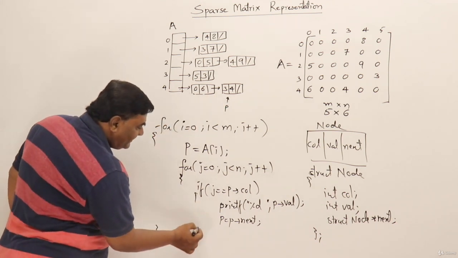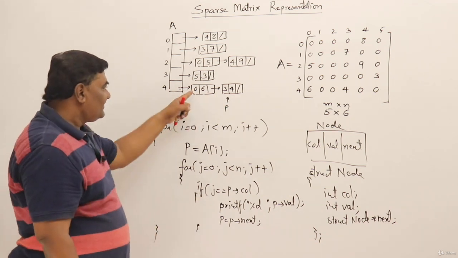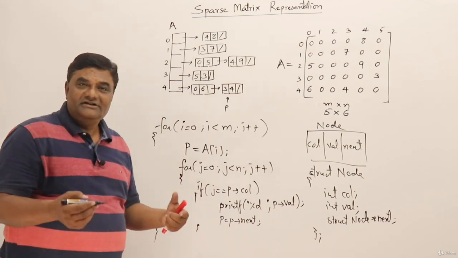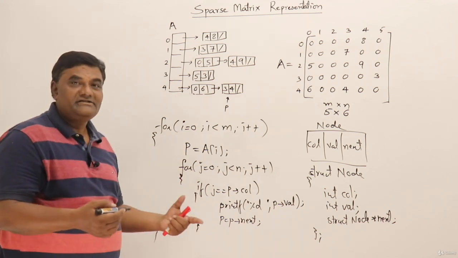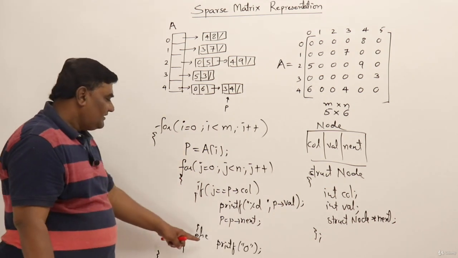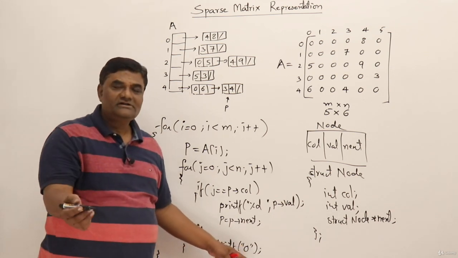This I have to do if the column number is matching. If it is not matching, else I should print 0. That's all.